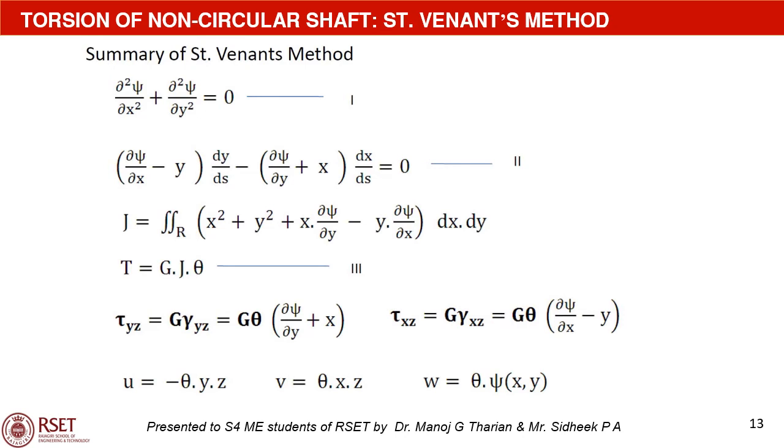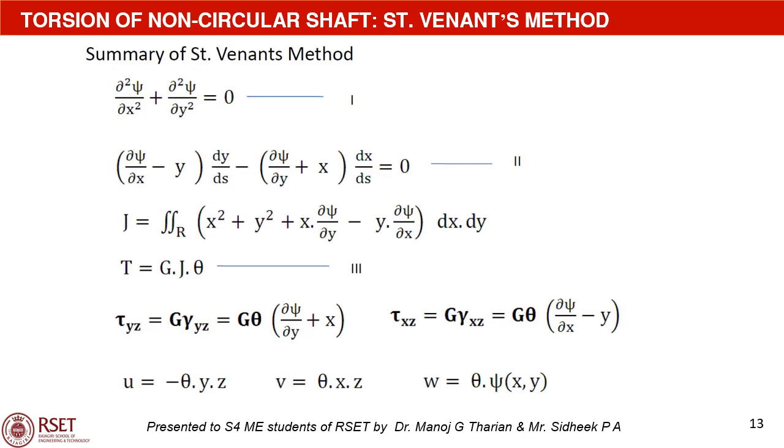We need to find out the shear stress developed, the angle of twist per unit length, also the displacement components U, V and W, where W is the warping. First, we got to find out a suitable warping function psi.